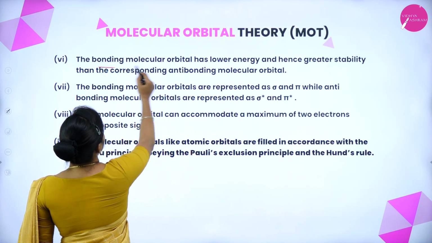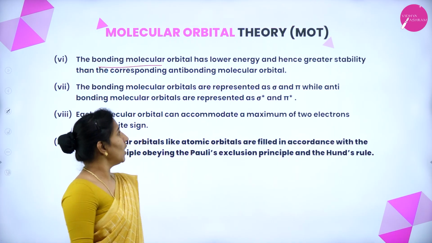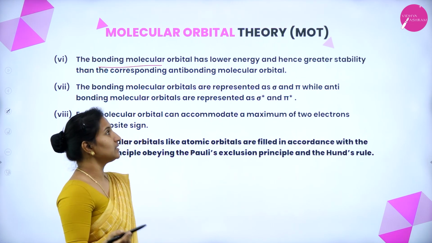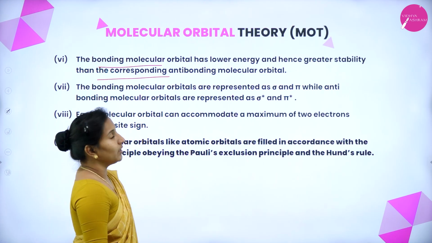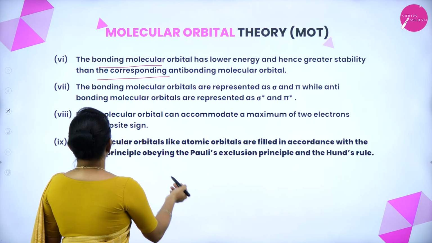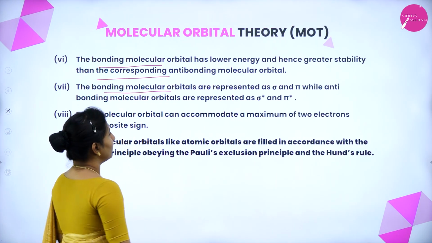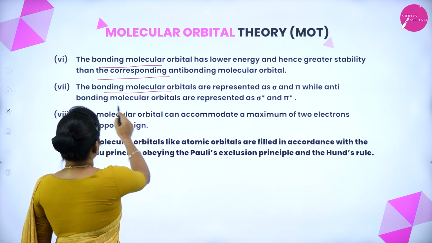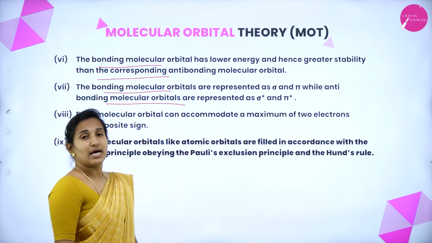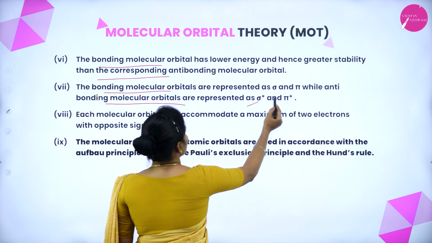The bonding molecular orbital has lower energy and hence greater stability than the corresponding anti-bonding molecular orbital. The bonding molecular orbitals are represented by sigma and pi, while anti-bonding molecular orbitals are represented by sigma star and pi star.